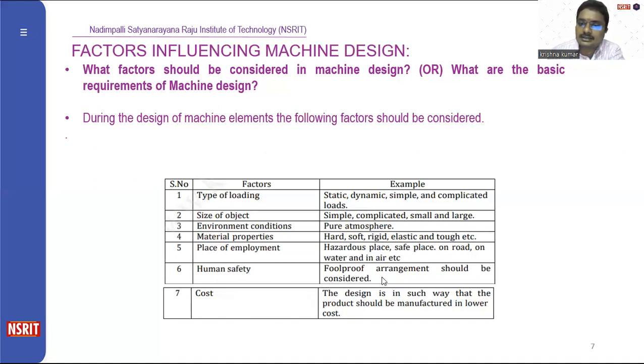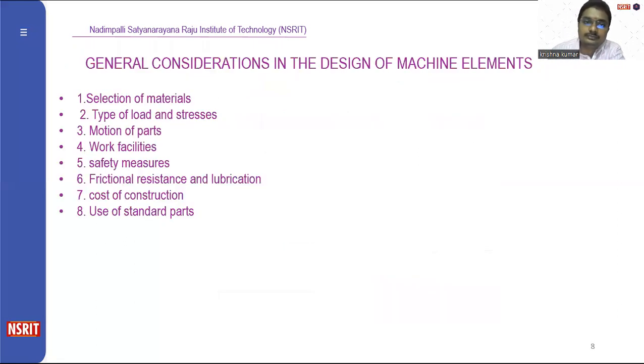While designing or establishing an industry, we have to check thoroughly that the safety norms are implemented for the employees' effectiveness and safety, right? Next, cost of production, establishment cost, production cost and maintenance cost should also be analyzed.